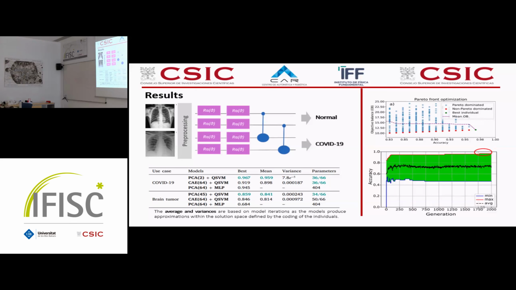And this is the Pareto front we are obtaining, and this is the best individual, with the evolution over generations, this is accuracy, and here we have the last step. So this is the best accuracy we obtained. As we can see here, we have a lot of individuals in the Pareto front that are very complex and with less accuracy.